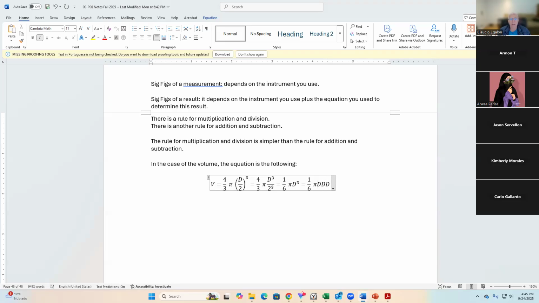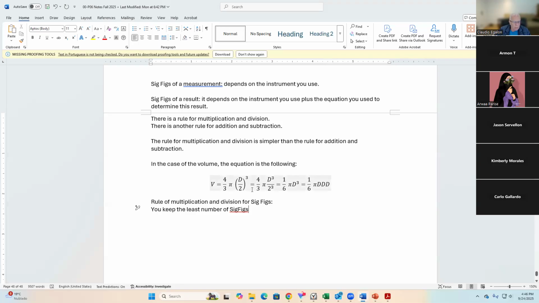So it's a multiplication. You have to use the rule of multiplication. What's the rule of multiplication and division for sig figs? You keep the least number of sig figs.